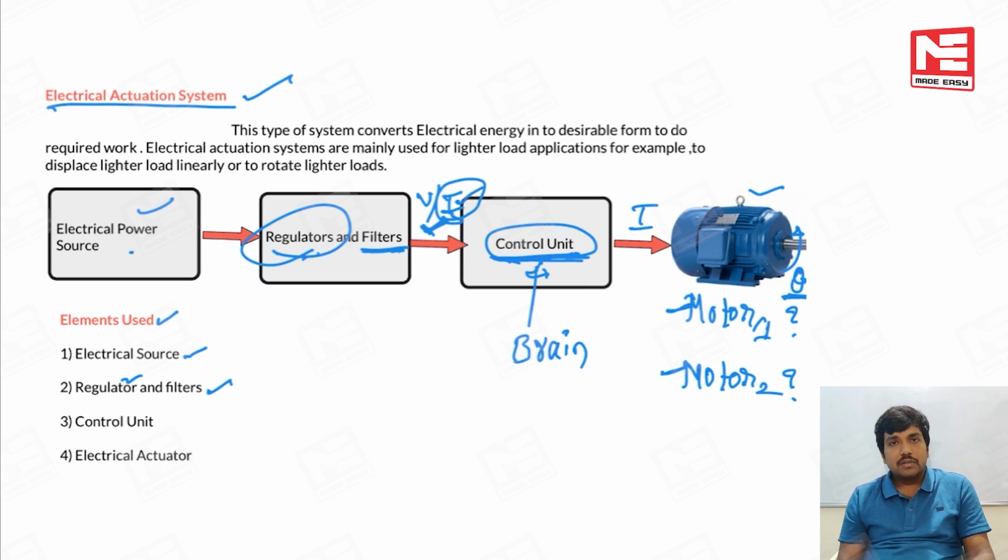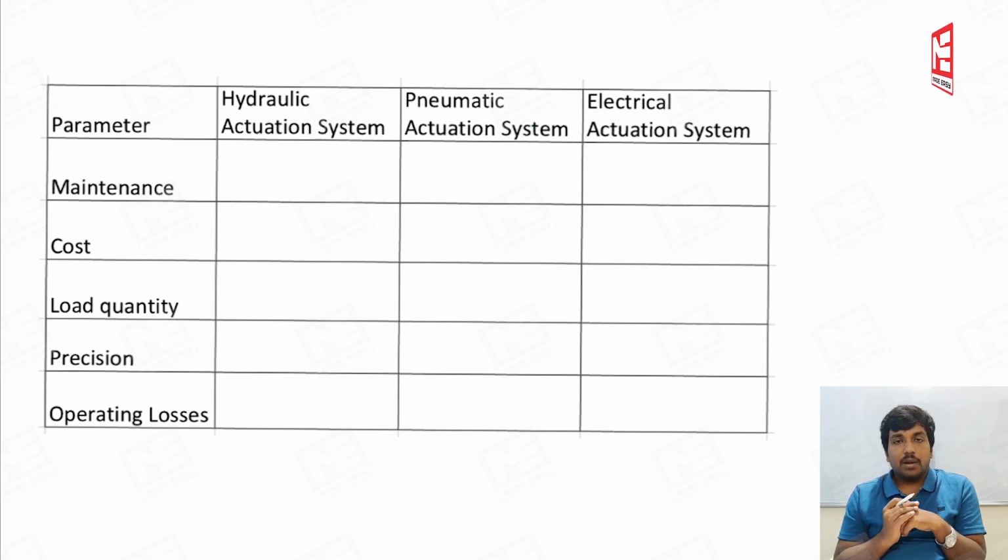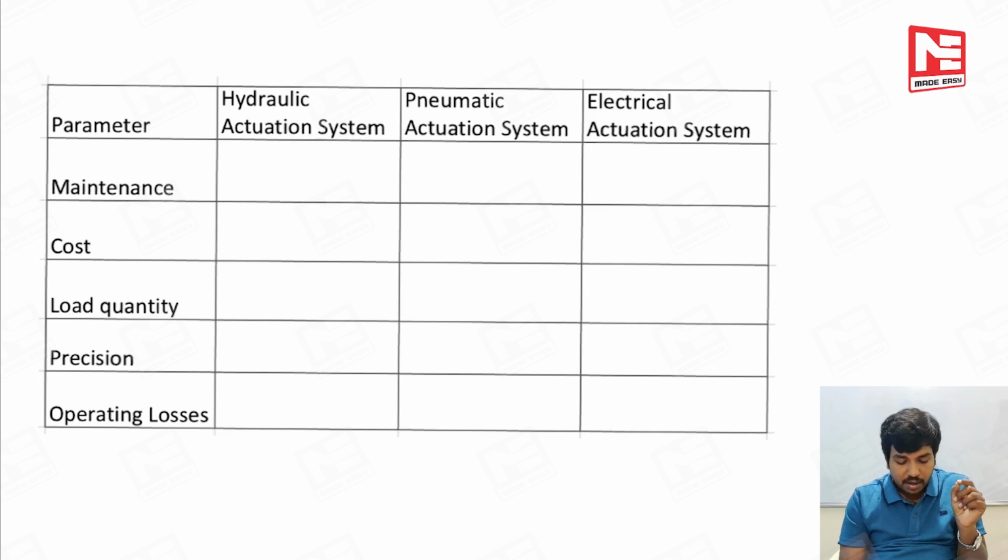In the hydraulic actuation system, installation takes more cost compared to the others, because we need to buy many things like the storage tank and so on, right? But in the pneumatic actuation system, installation cost is slightly less, and in the electrical actuation system, it is very low. But unfortunately, operating maintenance will be high.